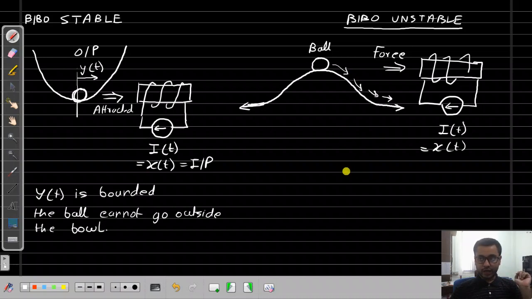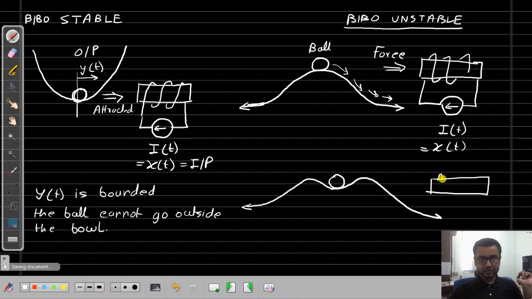Let me ask you a very interesting question. Suppose you have a bowl which is like this. It has a small valley at the top, and then it goes down like this. Suppose the bowl that you are using is like this, and the ball is here, and you bring the electromagnet and you give some current here.